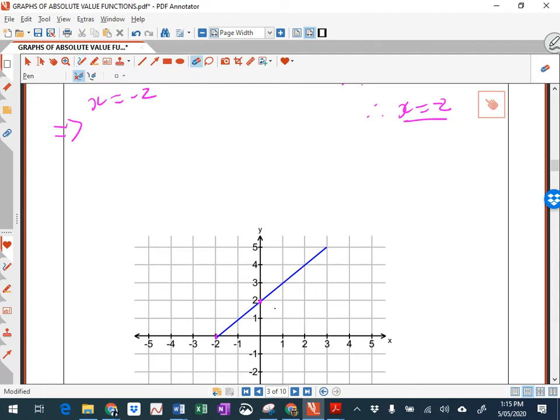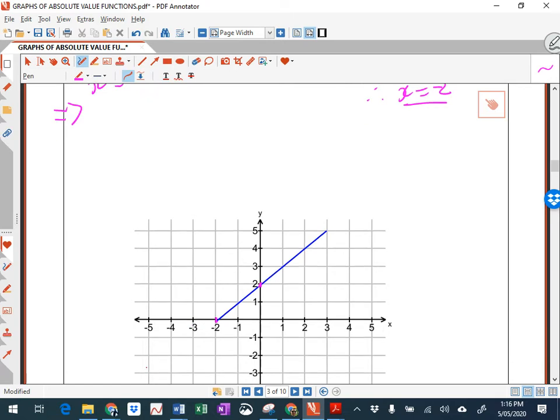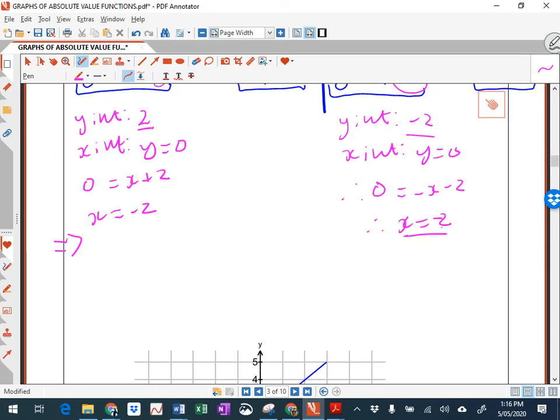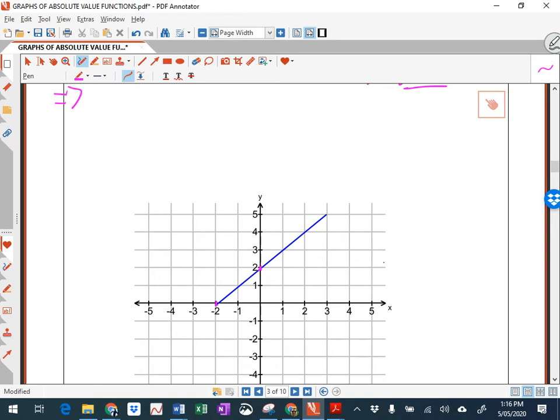All right, so here we go. So there's -2, and where's the y-intercept? Y-intercept is at -2. So here we go. So y-intercept there, x-intercept there for the second line.